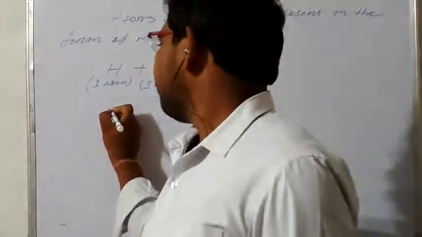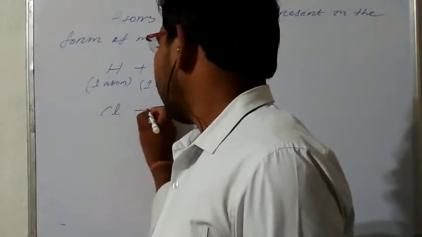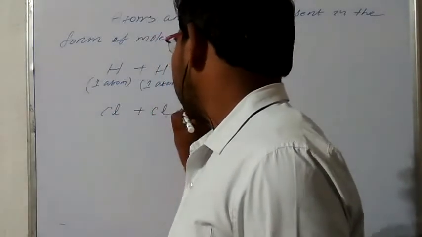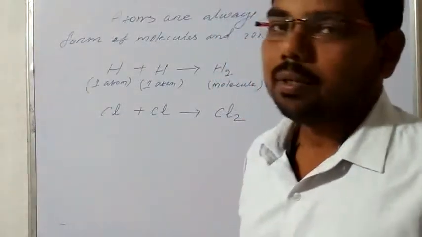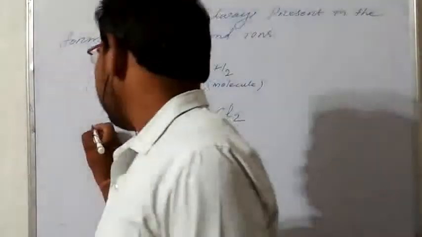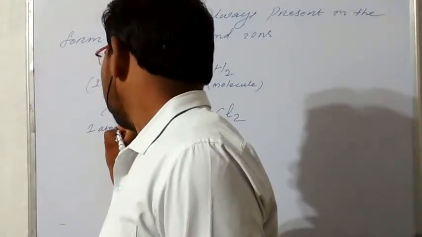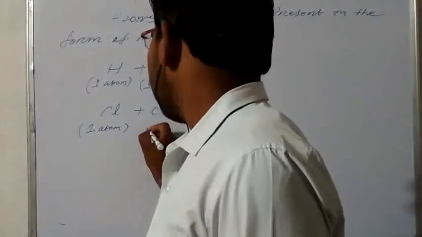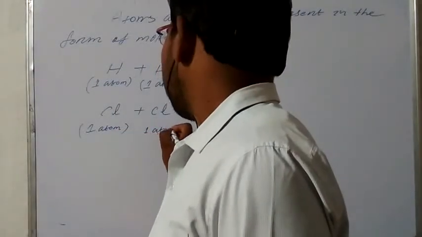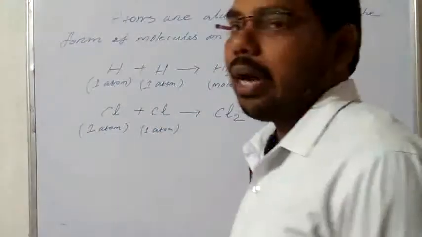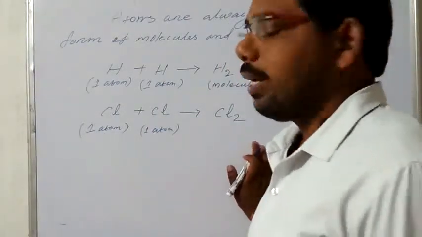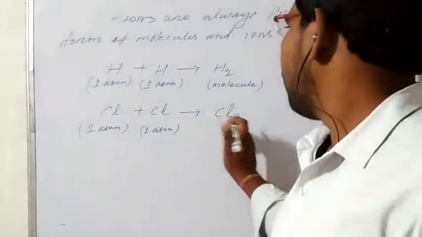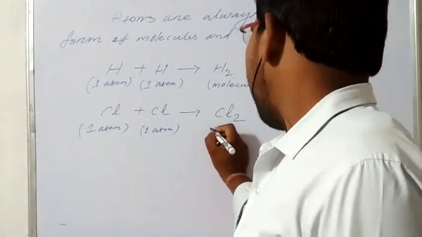Similarly, one chlorine atom combines with another chlorine atom to form a chlorine molecule. This is one chlorine atom and this is also one chlorine atom. So atoms cannot exist independently. They are always present in the form of molecules or ions.